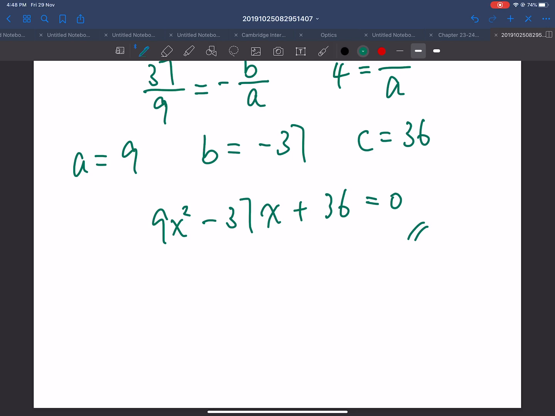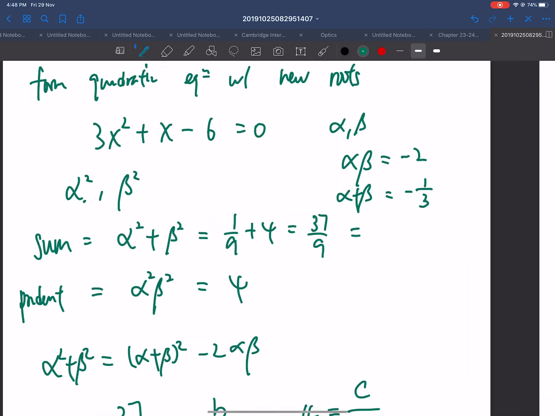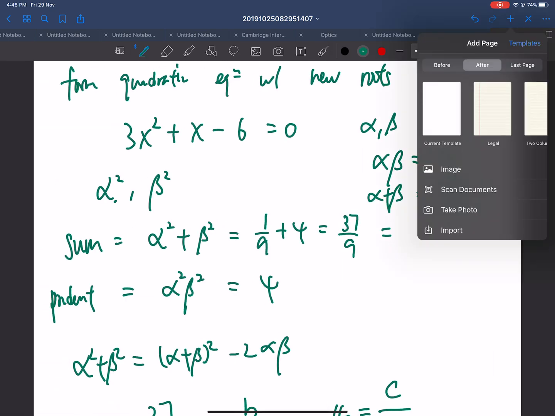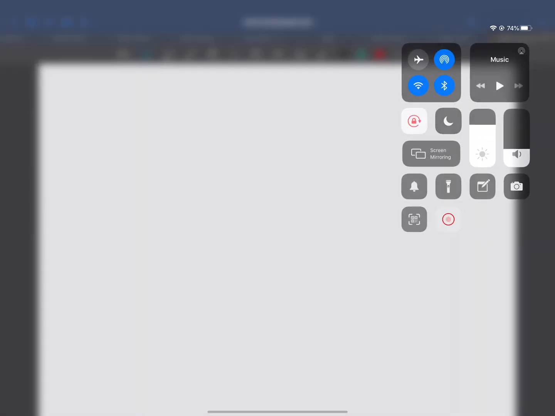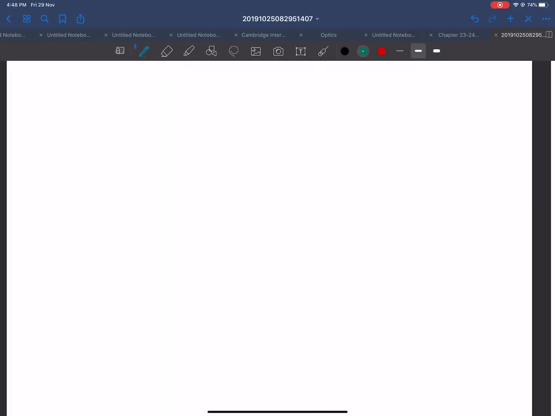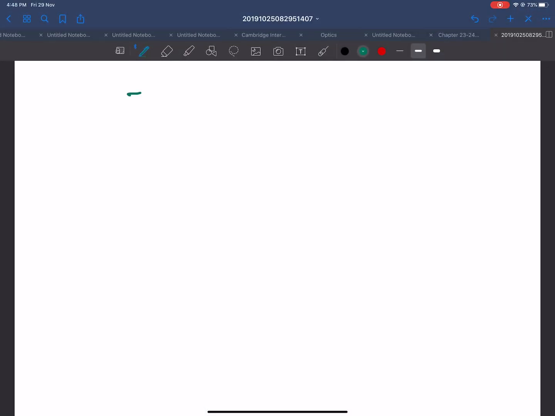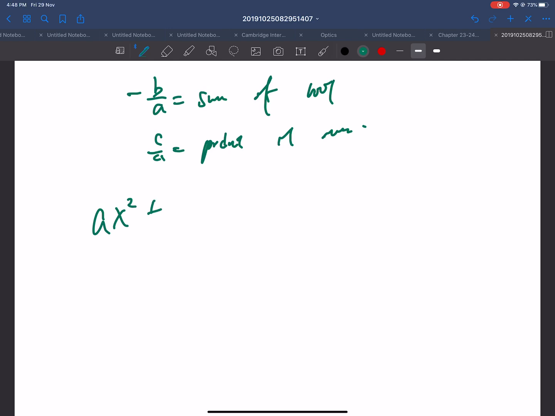Or I give you another method to do it. Or just remember this formula. We know that minus b over a is the sum of the roots, and c over a is the product. The original quadratic equation can be written like this, and then let's divide it by a on both sides.